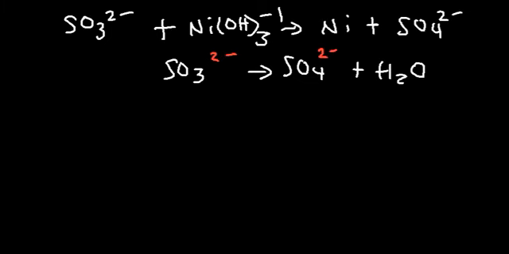Because we already have some oxygen atoms on the left side. So think about this. Feel free to pause the video and figure out how many oxygen atoms we need on the other side. It turns out that we only need one water molecule.